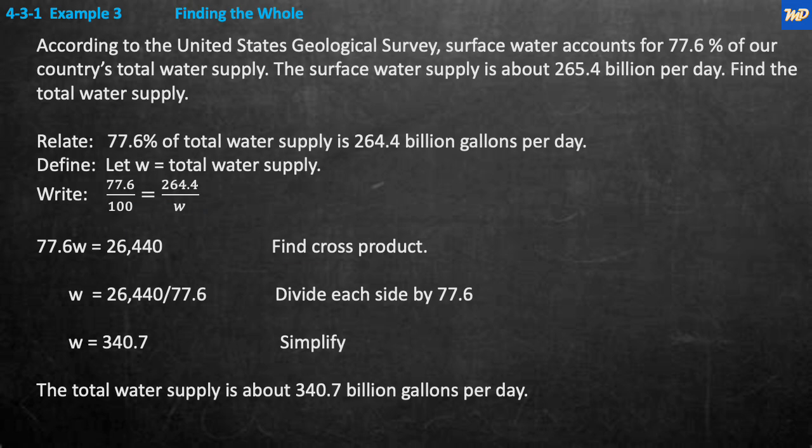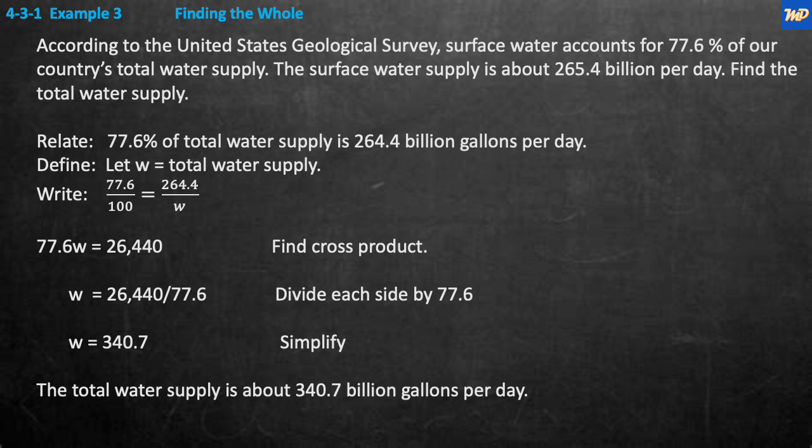Okay, example 3, finding the whole now. According to the United States Geological Survey, surface water accounts for 77.6% of our country's total water supply. The surface water supply is about 265.4 billion gallons of water per day.